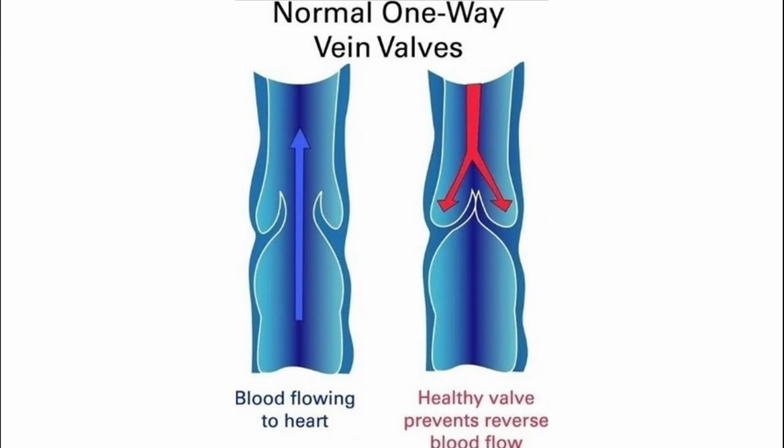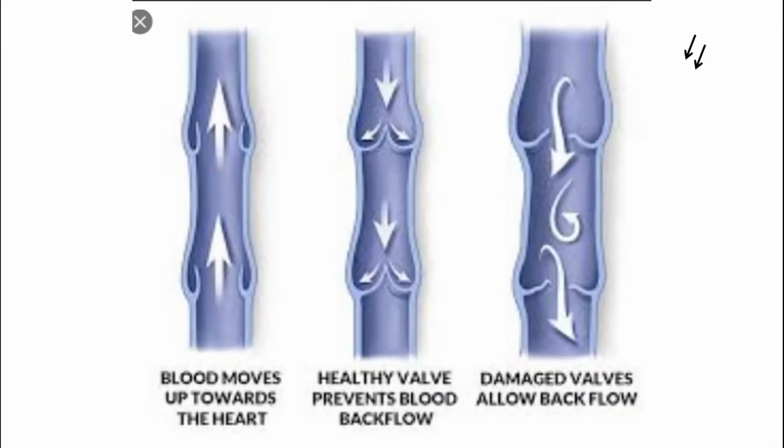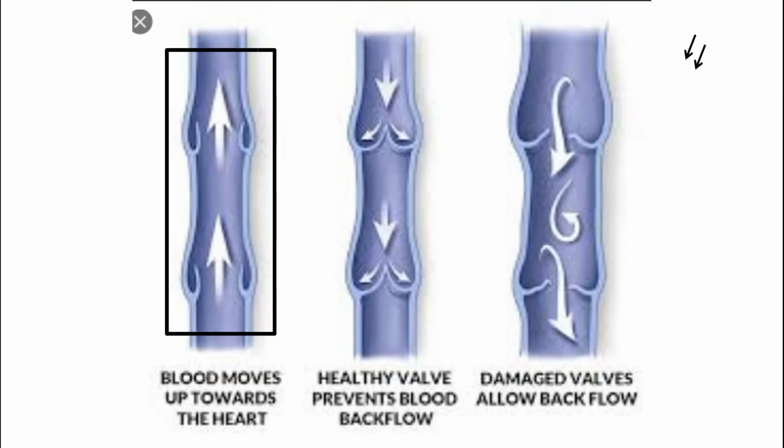But when muscles do not contract, blood tries to come back, and when it comes back, it fills the spaces or the sinuses of these valves, and the valves will close, preventing the backflow of blood. Valves are important for the venous system.